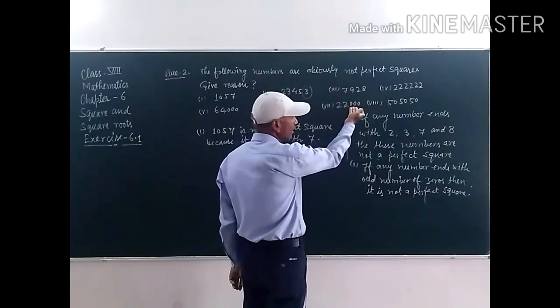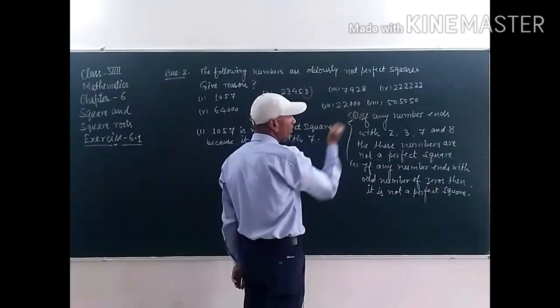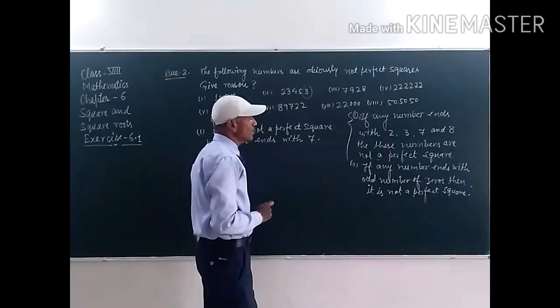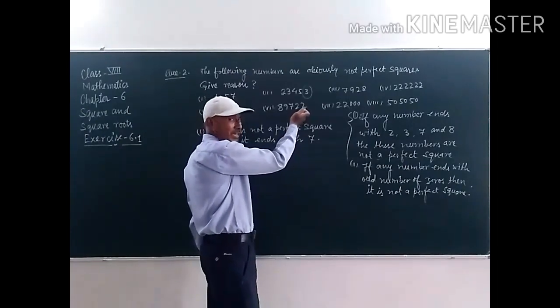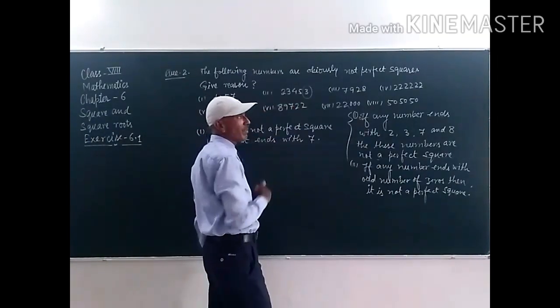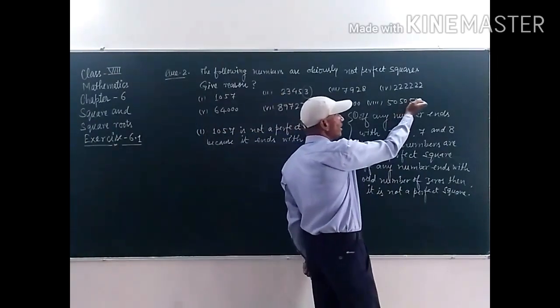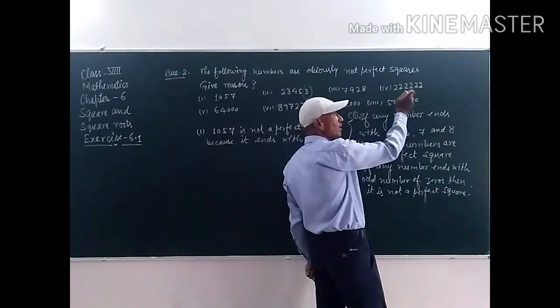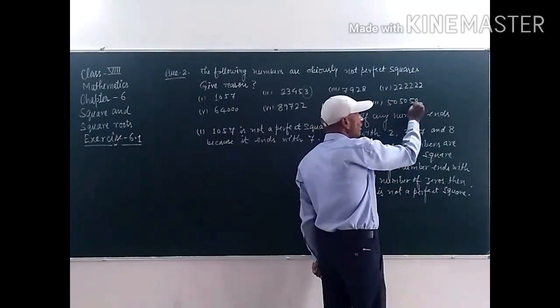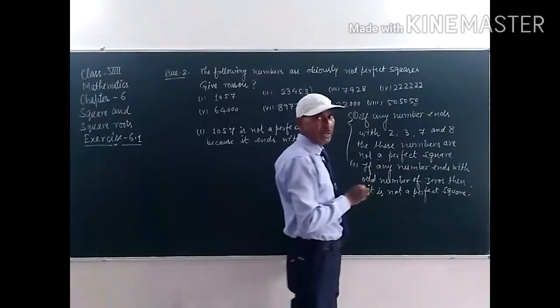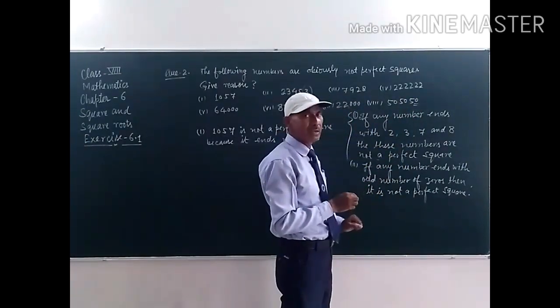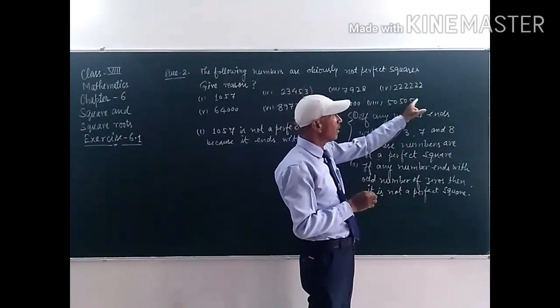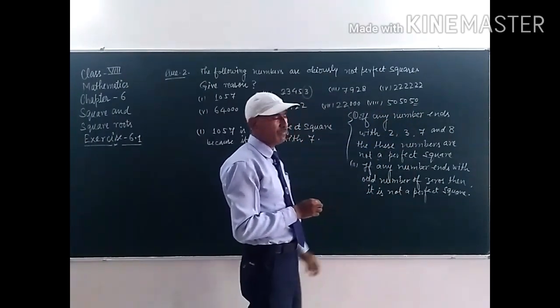And again in this, zeros are in odd numbers, therefore this number is not a perfect square. This number ends with 2, therefore it is not a perfect square. And in this number it ends with 0, student, and 0 is in odd number, it is not in pair. Clear, student? It is in odd number, therefore it is not a perfect square.